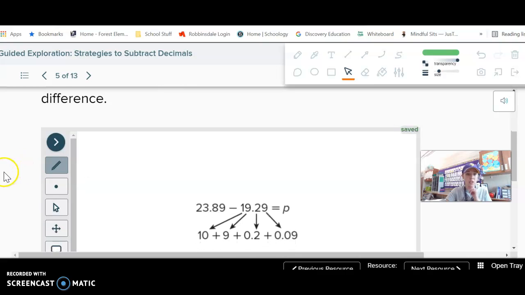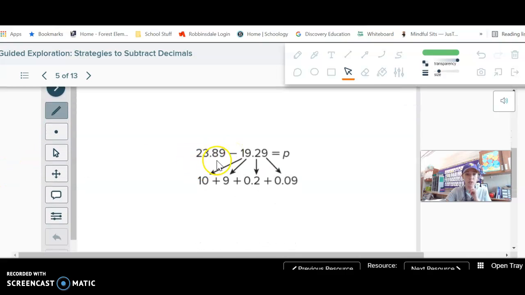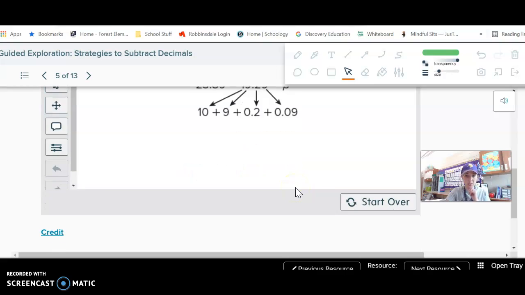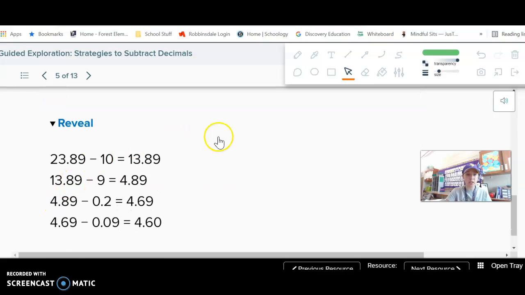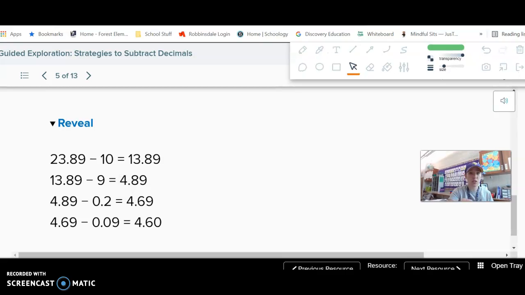So I leave the first number alone. I decompose the second number into expanded form, 10, 9, 2/10, 9 hundredths. Okay. And then I subtract each piece. So 23 and 89 hundredths minus 10 gives me 13 and 89 hundredths. 13 and 89 hundredths minus 9 gives me 4, because I took the 13 and I subtracted 9 to give me 4.